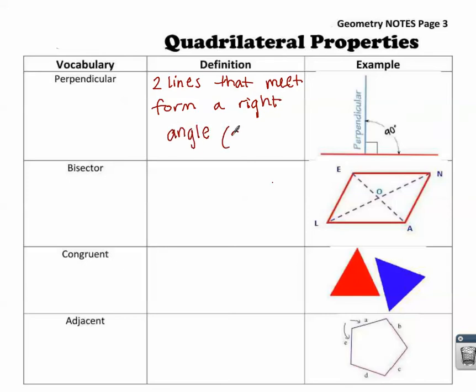A right angle is 90 degrees. So here you have two lines that meet and they are forming a 90-degree or right angle.